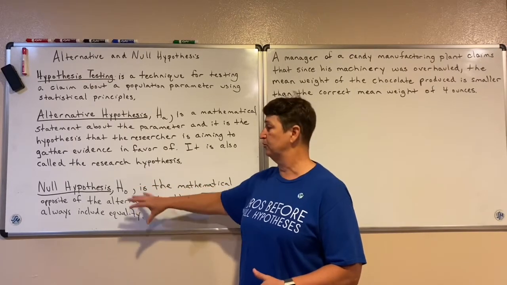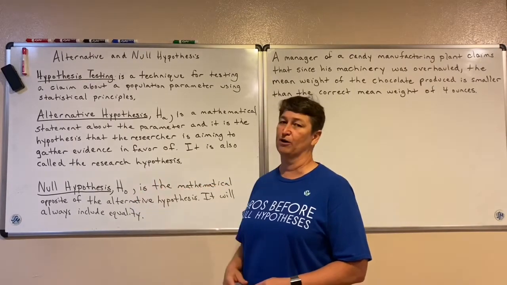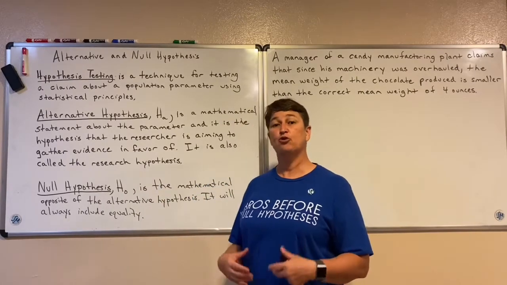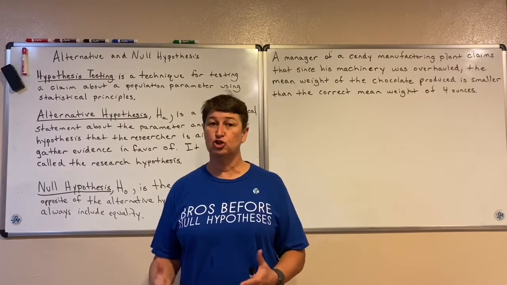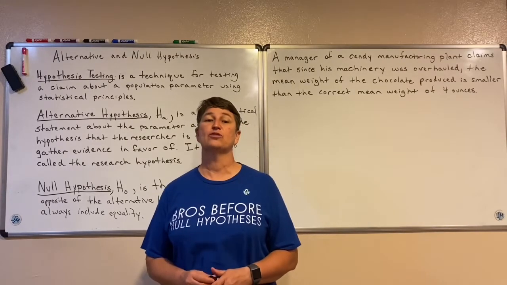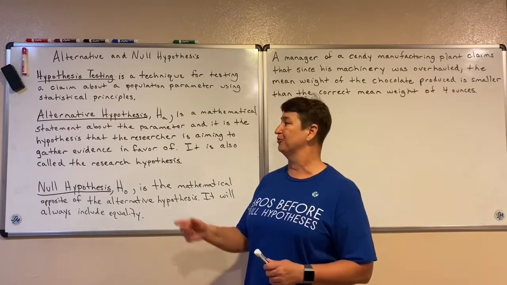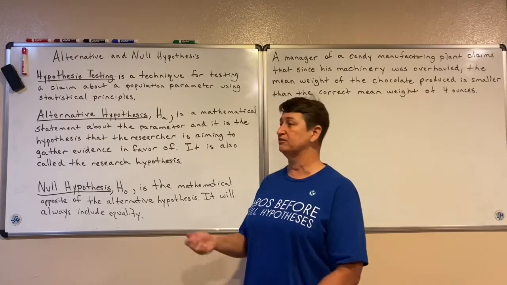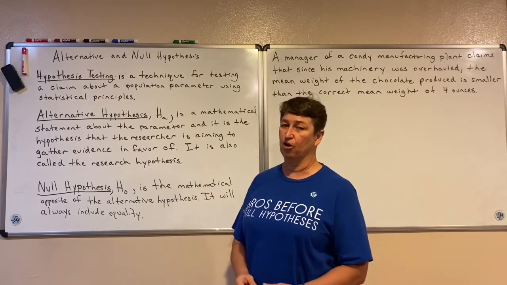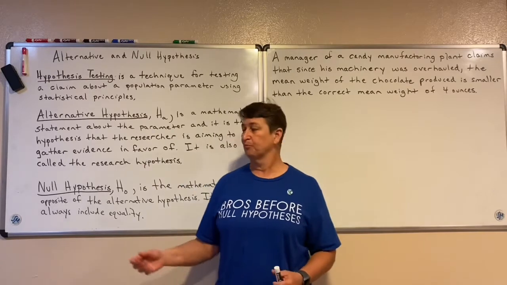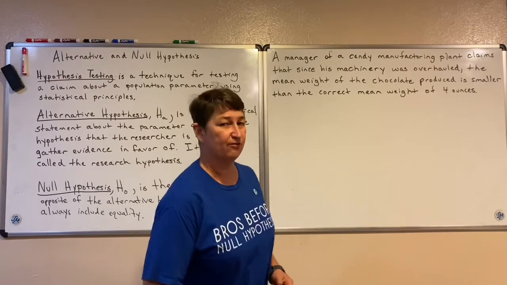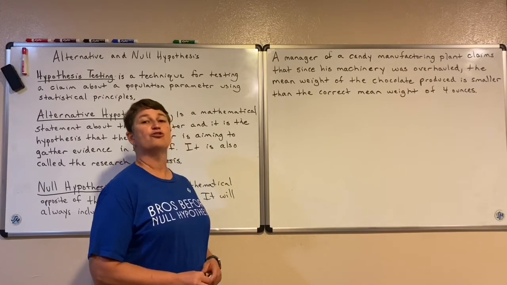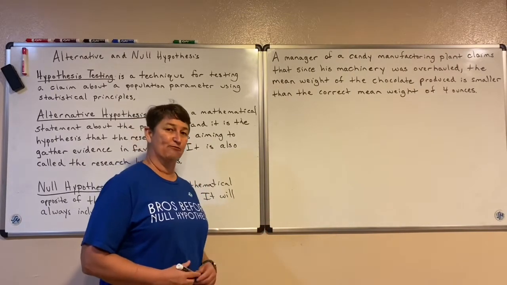You're going to assume that they're not guilty. Here we're going to assume our null hypothesis is true. And then if you happen to gather enough evidence to show that you see guilt without reasonable doubt, well, that's the same thing with our alternative hypothesis. We're going to gather enough evidence to show that alternative hypothesis might be true. So that's the idea of hypothesis testing. And the first job is just to find the alternative and null hypothesis. So let's do that for a couple of scenarios.